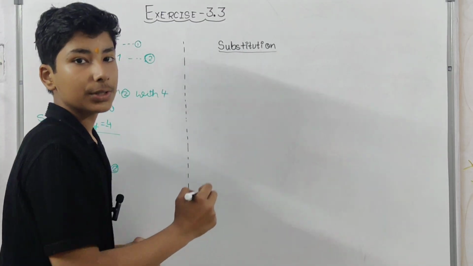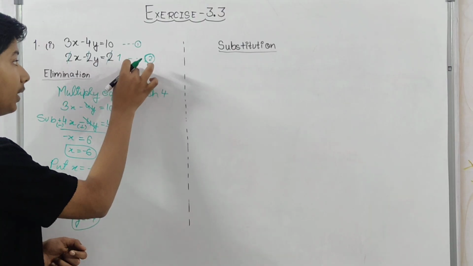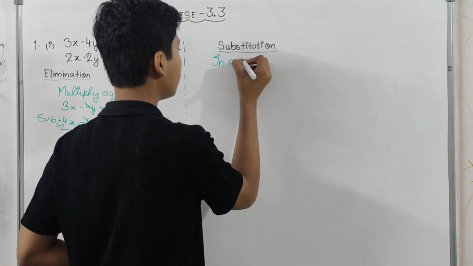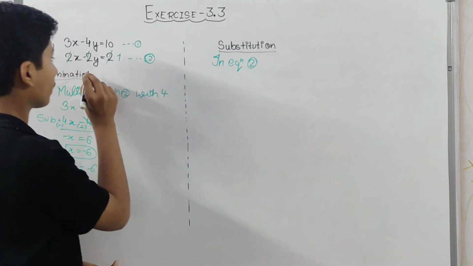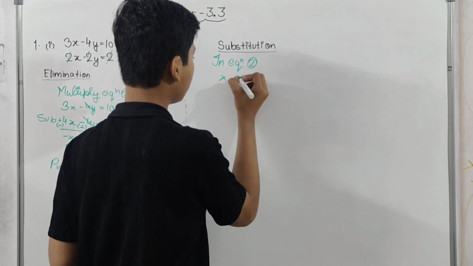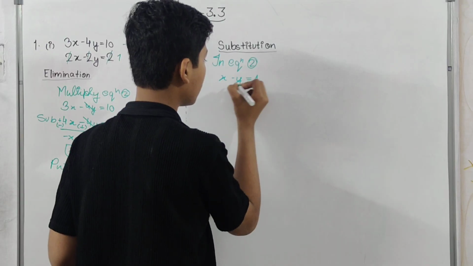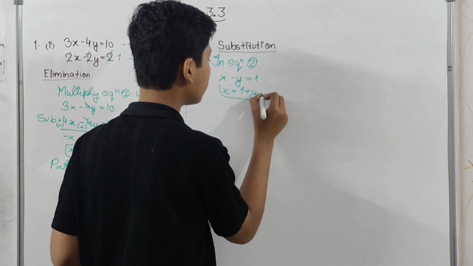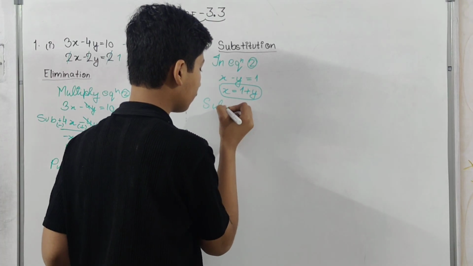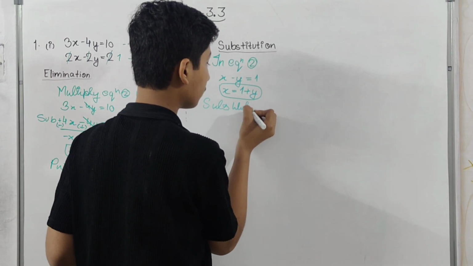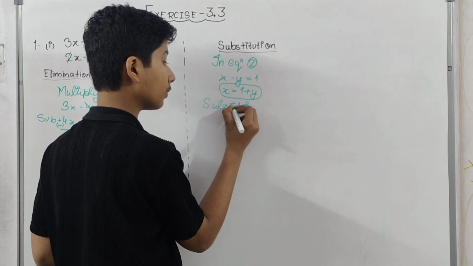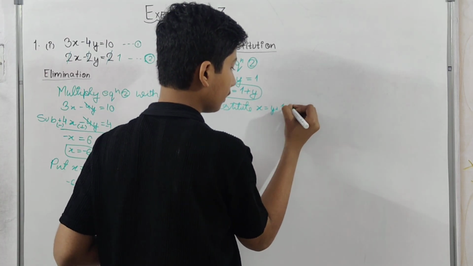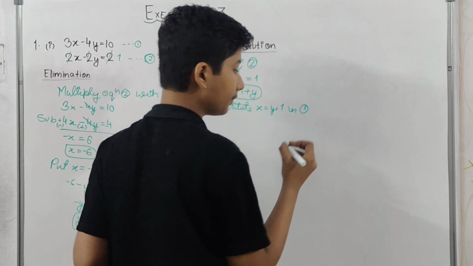Now, in the substitution method, we'll choose the simplest equation, means 2. In equation 2, x minus y equals to 1. So x equals to 1 plus y. Substitute x equals to y plus 1 in first equation.